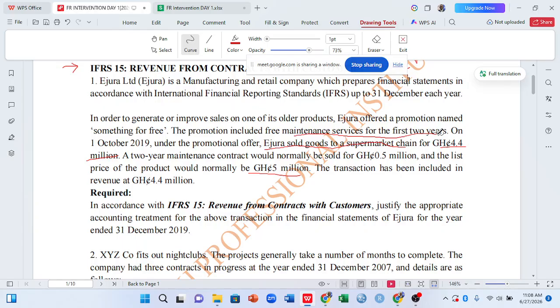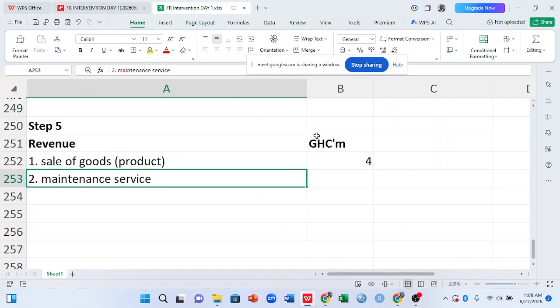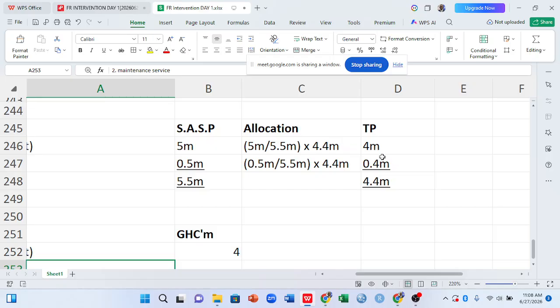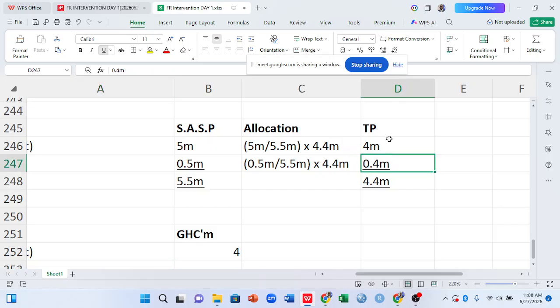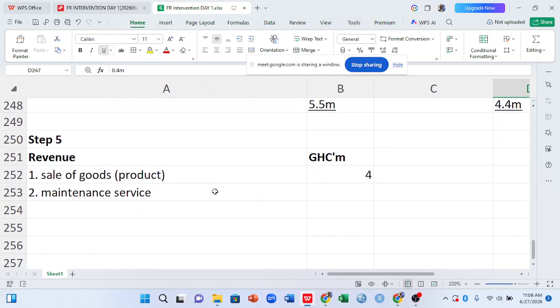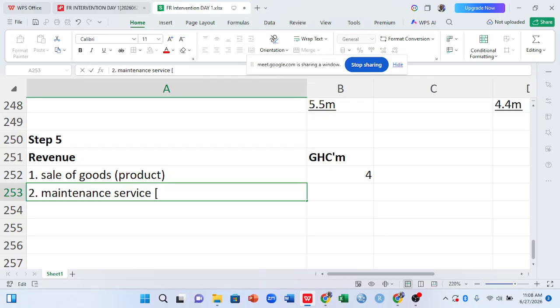Meaning that we are only going to realize the full amount in 2 years' time. So the maintenance contract we have here, which is 0.4 million, is for 2 years. Now we need to check the number of months you have done so far in this question.